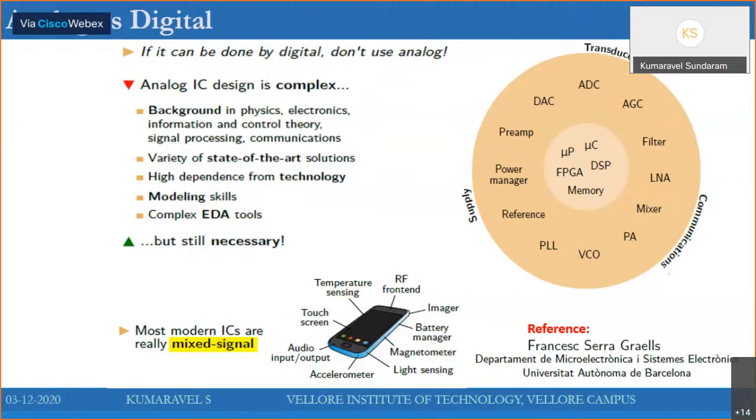Even though analog IC design is complex, it is still necessary to realize an electronic system. Nowadays, most modern ICs are big signal, with analog, RF, and digital together, so it's called mixed signal IC design. This slide is taken from the reference Francis Serra-Guerrales, Department of Microelectronics and Electronic Systems, Universitat Autònoma de Barcelona.